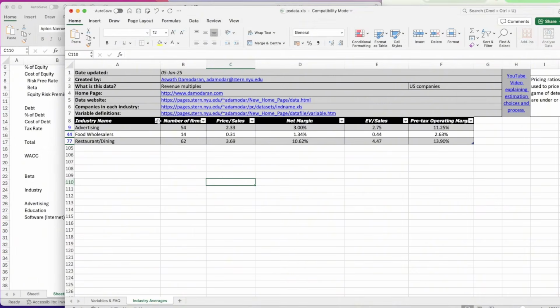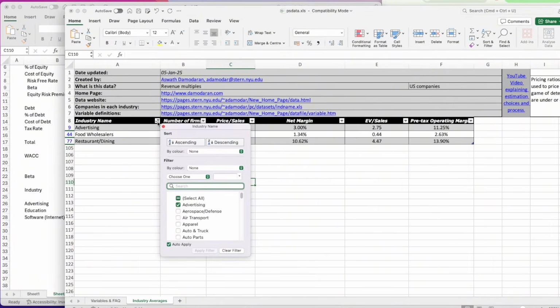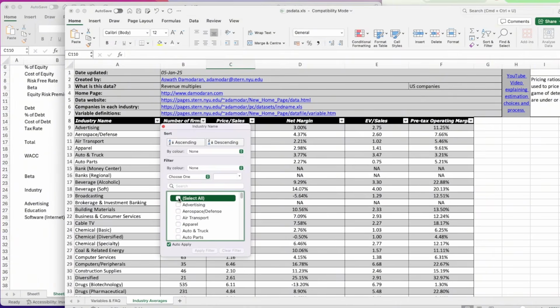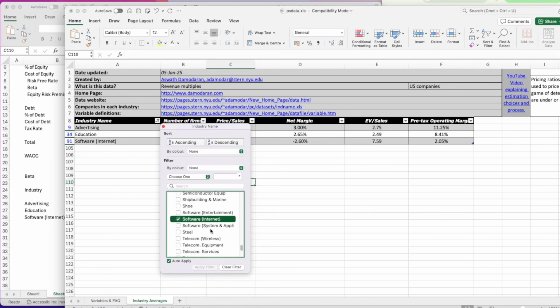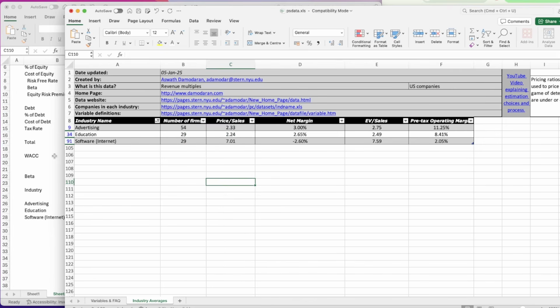And we come on to the price to sales. Advertising, education, software, internet. I wonder, do we? Yeah, okay, let's go with that. I was going to say gaming, but no, I don't think we will do that.